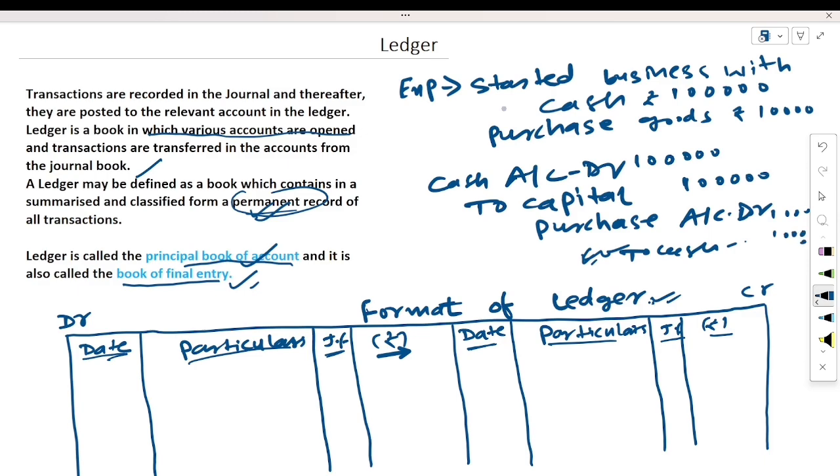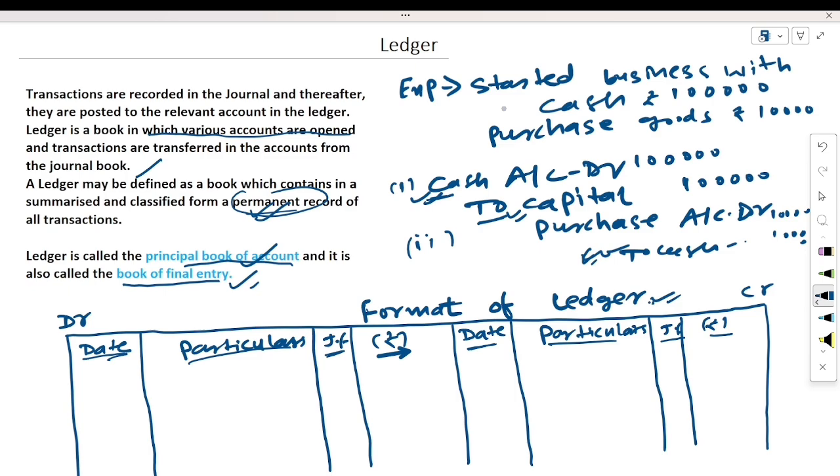Now if there is a need to transfer these entries into the book of ledger, what will be the procedure? Here is transaction 1 and here is transaction 2. In transaction 1, there are two accounts: first the cash account and second the capital account.